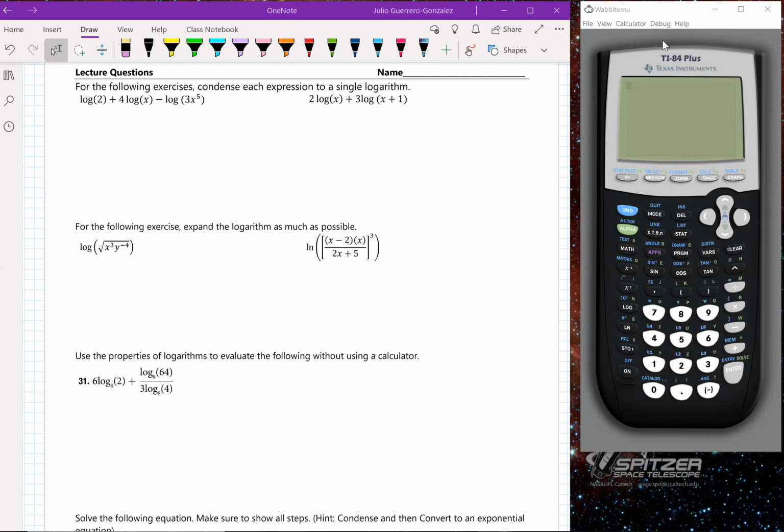Nope. Check your rule. Would it be 2x to the fourth? Yep.